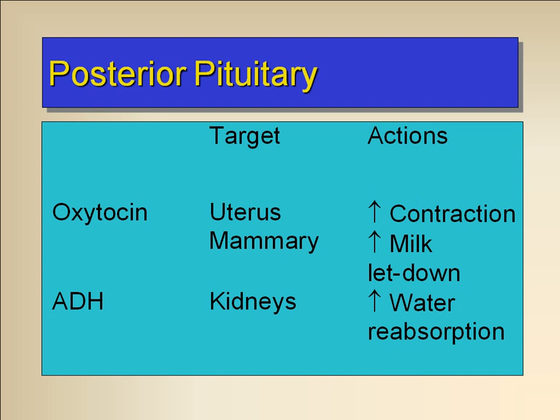Most EMS providers typically use it, because we don't necessarily want to induce labor. We just want to take them to the hospital. But we use it to cause the contraction of the uterus. So once the baby's delivered, if they continue to bleed, you give them this drug, and it causes the uterus to contract down. As you squeeze down, that's going to stop any bleeding. It does a couple other things. It also increases milk letdown.